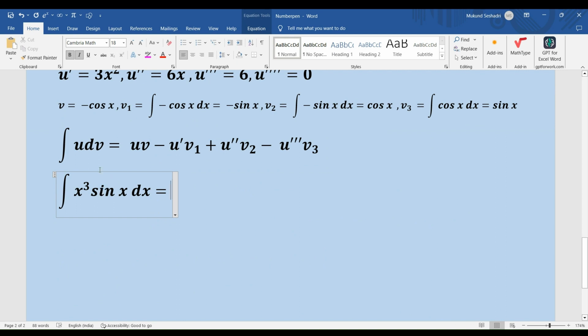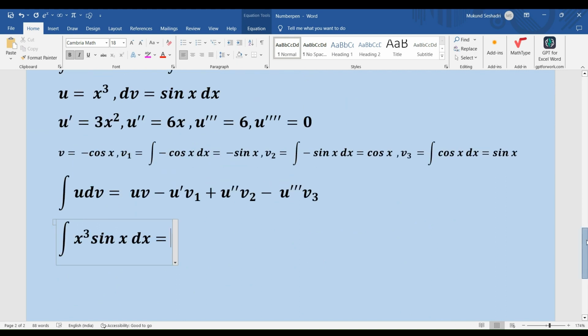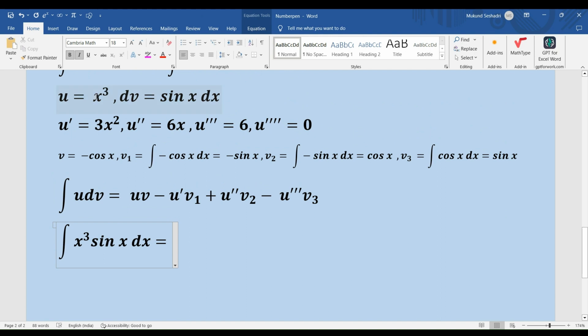I have my uv first. So I know that my u is x cube and my v is a minus cos x, right? Therefore, my uv is nothing but minus of x cube times cos x. Okay. And then I have a minus of u dashed into v1. I know that my u dashed is 3x square and my v1 is a minus sine x, right?